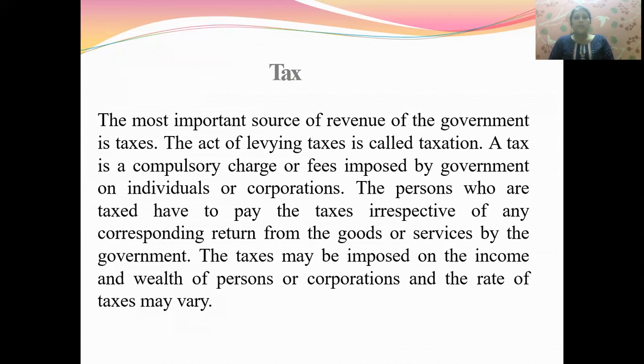The persons who are taxed have to pay the taxes irrespective of any corresponding return from the goods or services by the government. The taxes may be imposed on the income and also on wealth of persons or corporations, and the rate of taxes may vary depending on the slab of income.